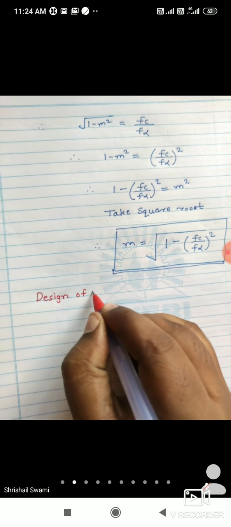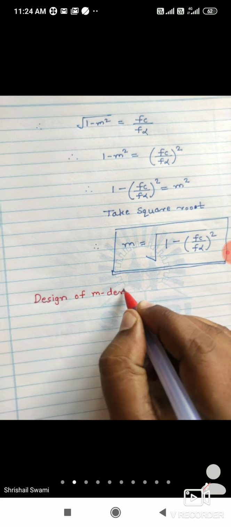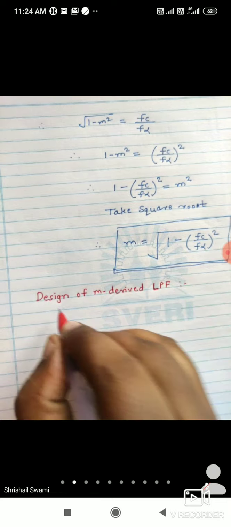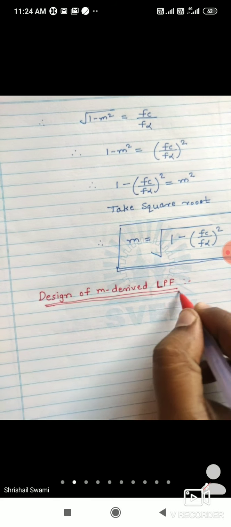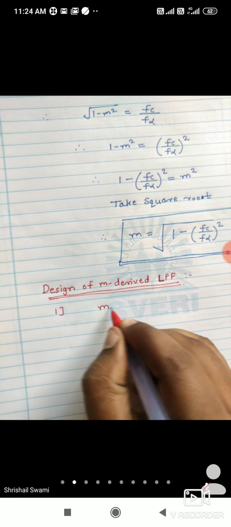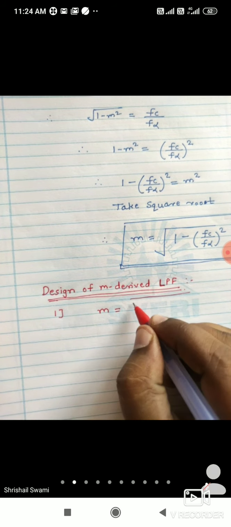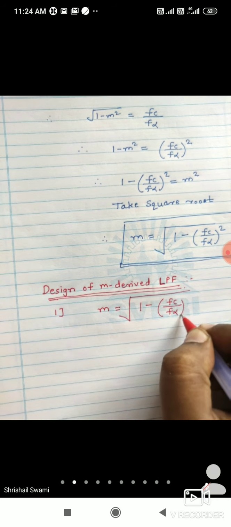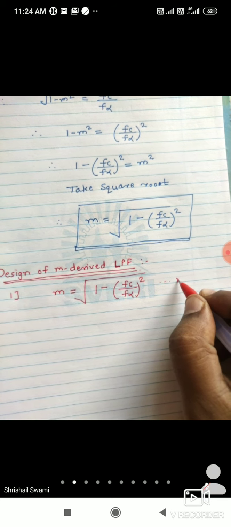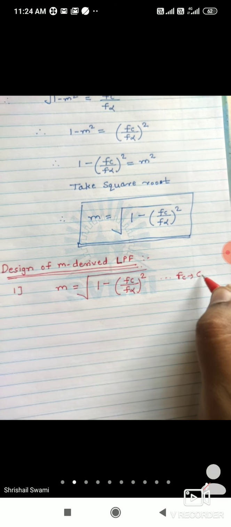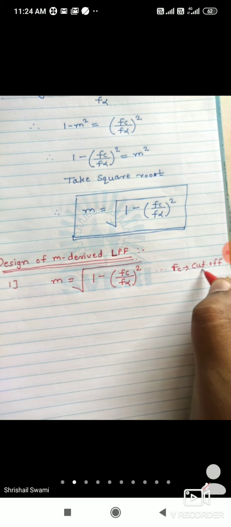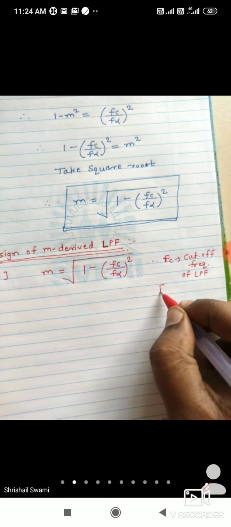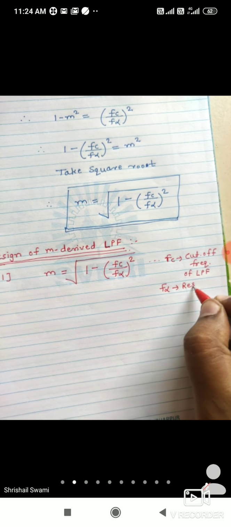So design of m derived low pass filter. So what are the formulas we require, that I will write here. So first will be m is equal to this expression, under root 1 minus fc divided by f alpha bracket square, where fc is equal to cutoff frequency of low pass filter and f alpha is resonant frequency.